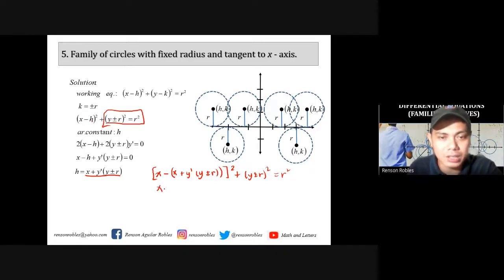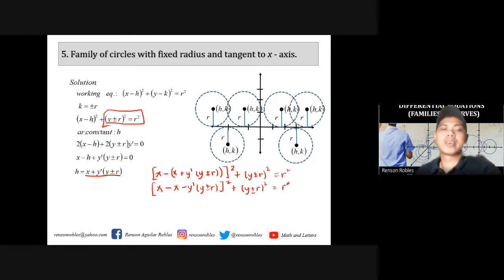So you'll have (x − y′(y ± r))² and then copy again the second term and the right side of the equation. Oops, that's plus or minus. And then you can combine x and negative x: x minus x is 0.